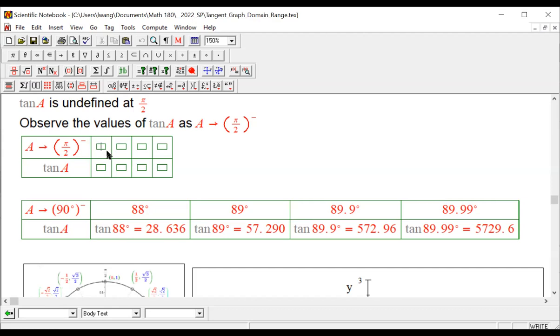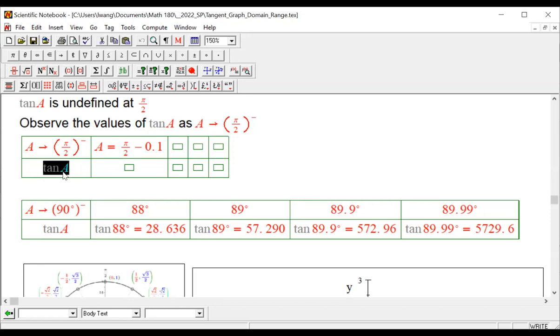So what I would do is assume the angle A is pi over 2 minus a number, say minus 0.1. How about that? It's a little smaller than pi over 2.